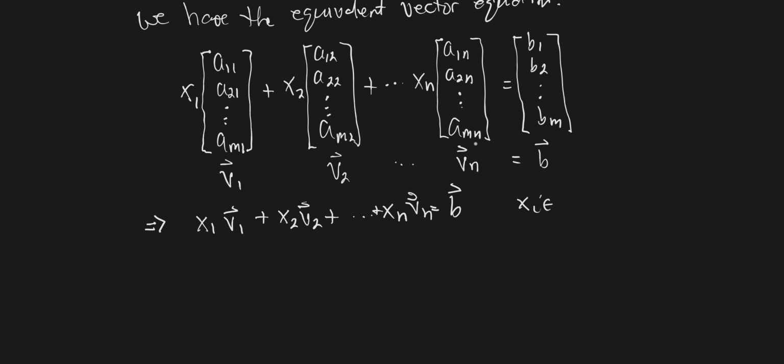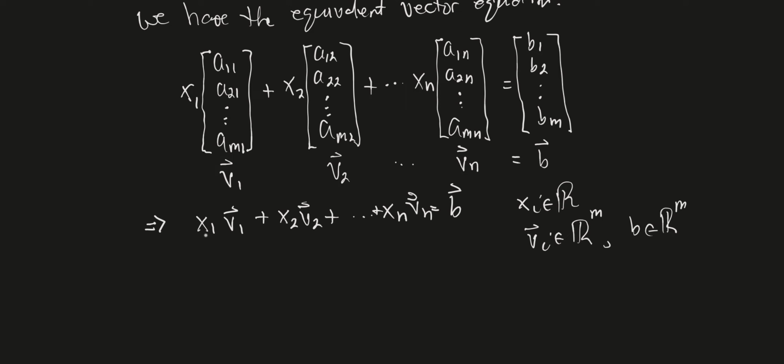So the xi's are your scalars, and the vi's are vectors in Rm, and b is also a vector in Rm.